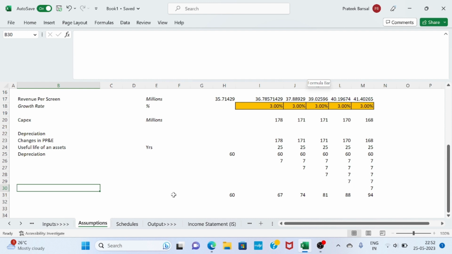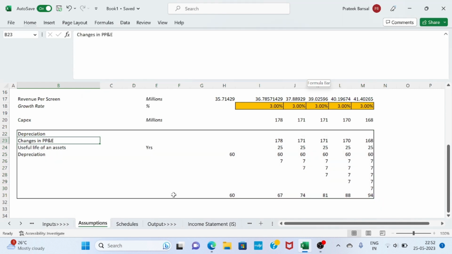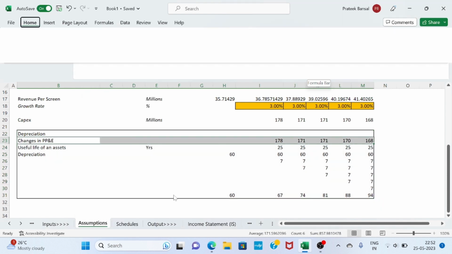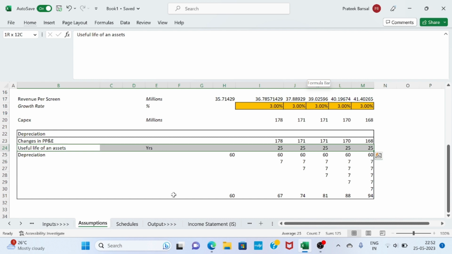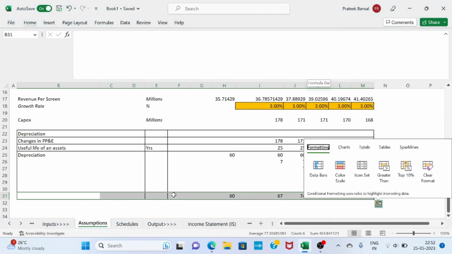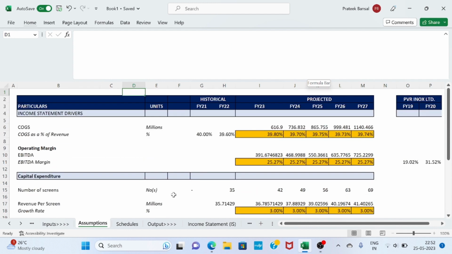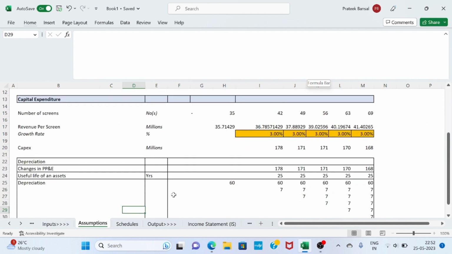Just for the formatting, I am adding the boundaries here. So we got a depreciation, we got a capex.